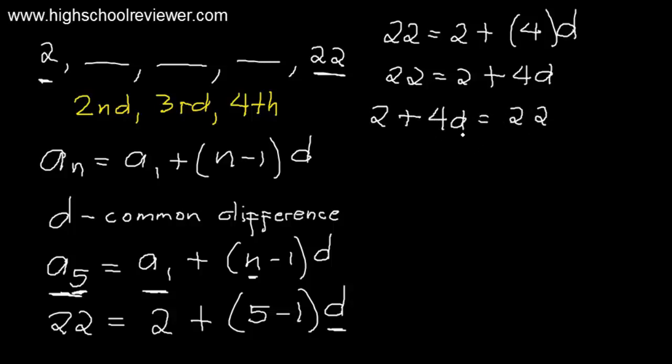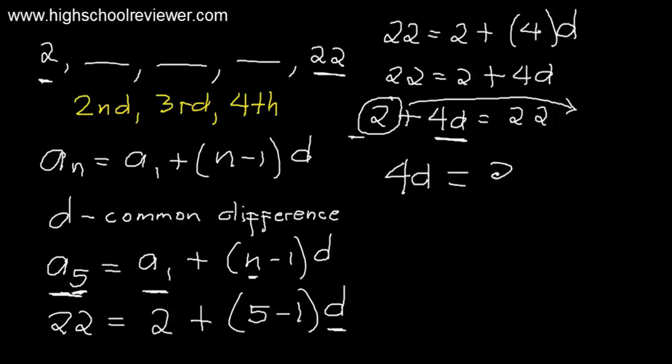So to find for d, we need to transpose positive 2 to the other side. So transposing, if we transpose positive, that will change its sign. What will be left on the left side will now only be 4d. So 4d is equal to 22. If we transpose positive, this will become negative. So 4d will be equal to 22 minus 2, that is 20.